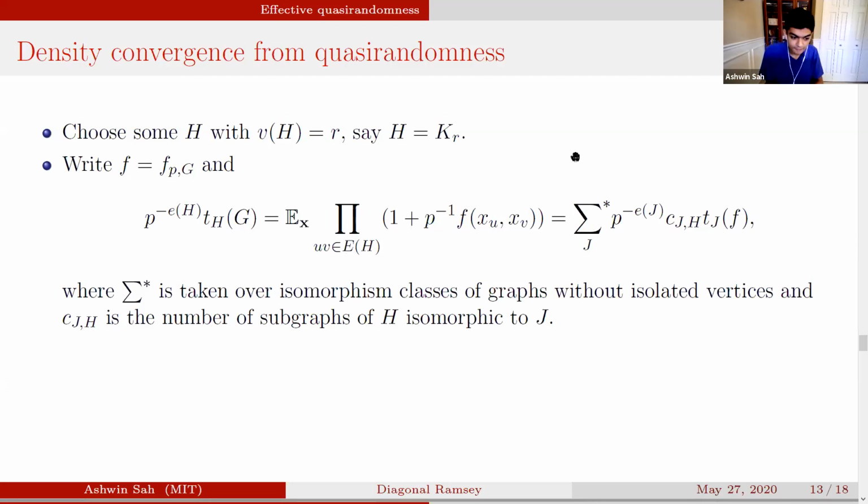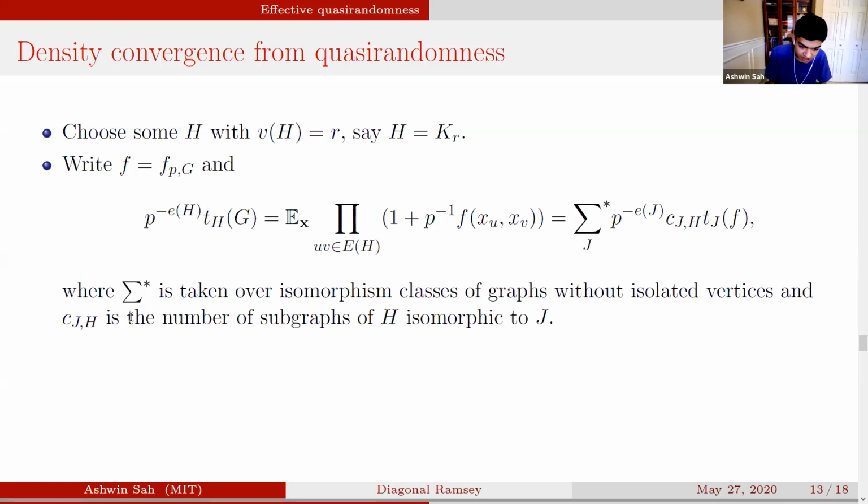And so when you do the combinatorics, what you get is the following. You get P to the negative E of J, C_J^H times T_J of F, where T_J is this graph density. And you're taking a sum over all possible isomorphism classes of graphs J, that maybe have no isolated vertices.